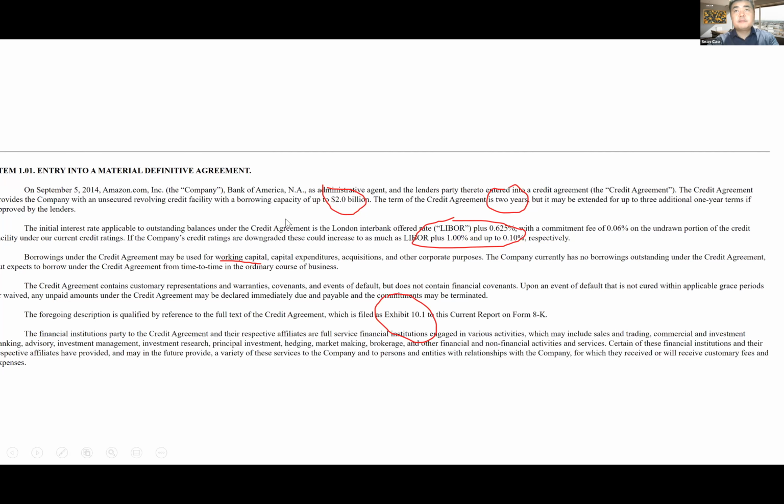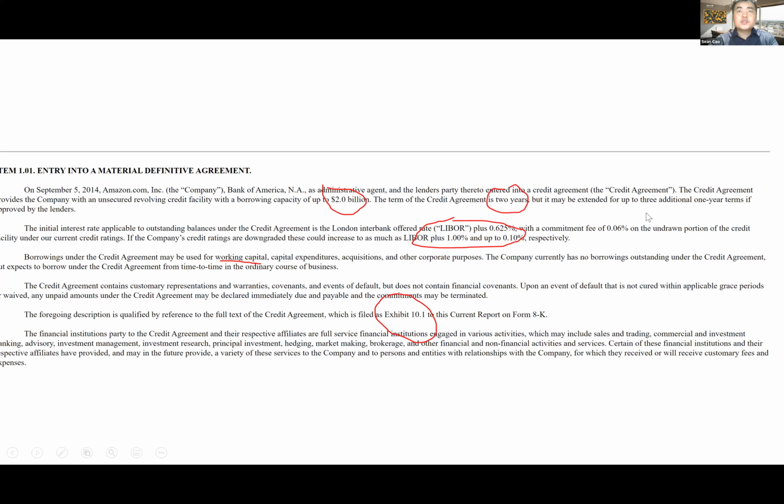With a bank, Bank of America. And this is Amazon. So Amazon, on September 5th, 2014, had a loan contract with Bank of America, and they disclosed the contract in item 1.01. Because this is a contract, this news goes to 1.01. You guys should be very clear about that.